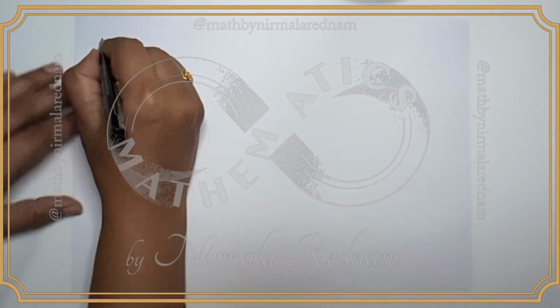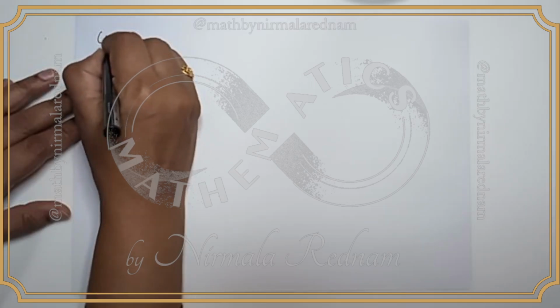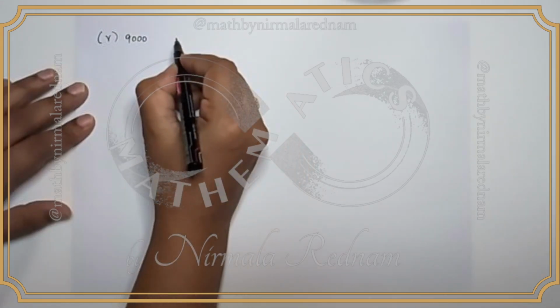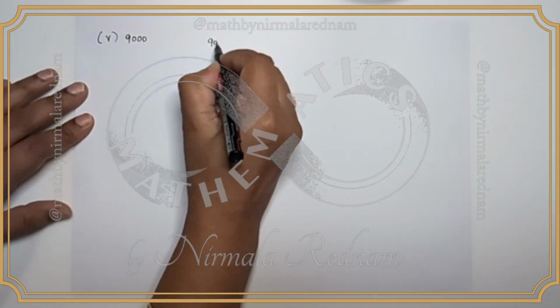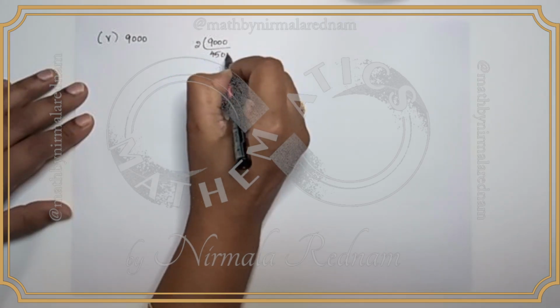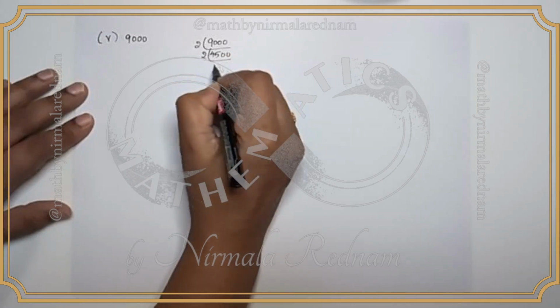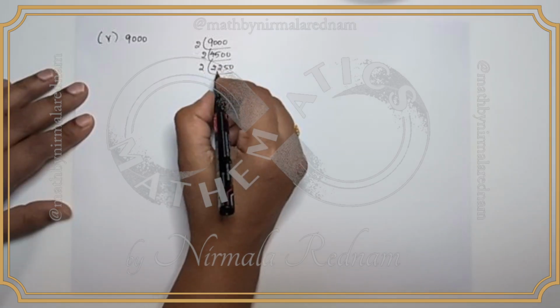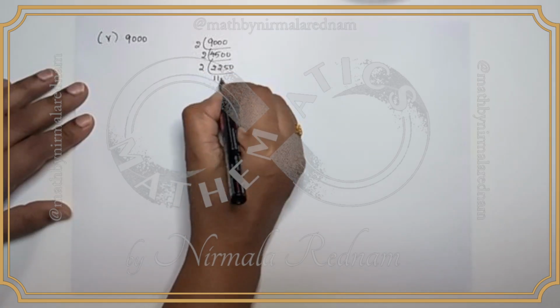The fifth number they have given is 9,000. Okay. So here I'm going to take 2250. We're going to get a lot of 2's here. 1125.